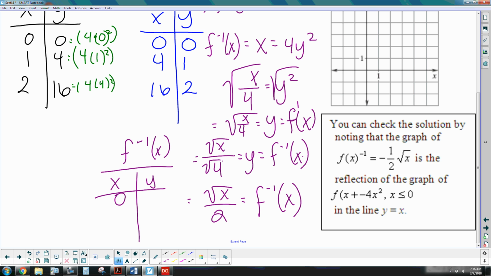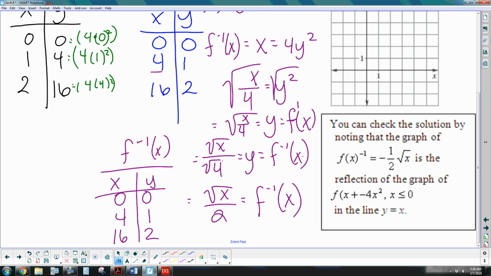So the square root of 0 over 2 is 0. And then looking here, the next value we used was 4. So the square root of 4 over 2 is 2 over 2, which is 1. And then 16, the square root of 16 over 2, which is 4 over 2, which is 2.